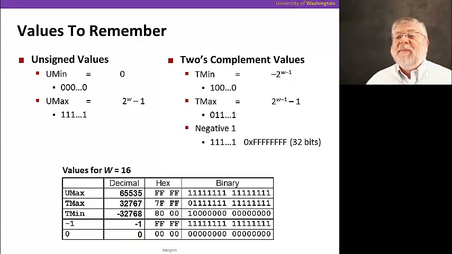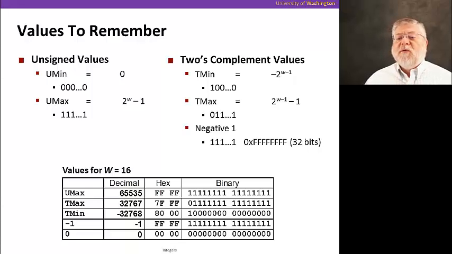While in 2's complement, tmin, the 2's complement minimum, is the biggest negative number we can have, which would be the pattern of a 1 followed by all zeros, and then tmax is a 0 followed by all 1s. So the maximum number is only half as big as it was for the unsigned values. And a negative 1 is represented by the sequence of all 1s, FFFFFFFF, if we were doing 32 bits.